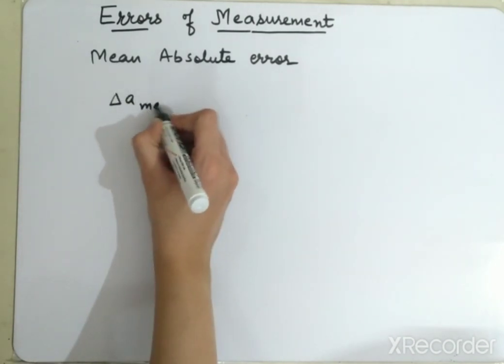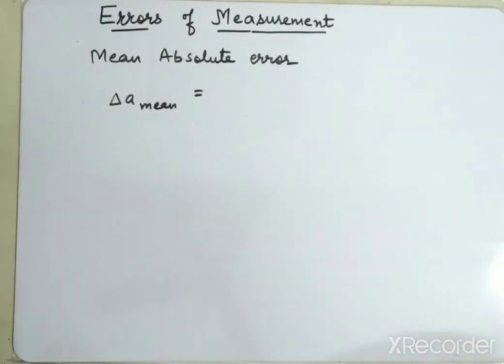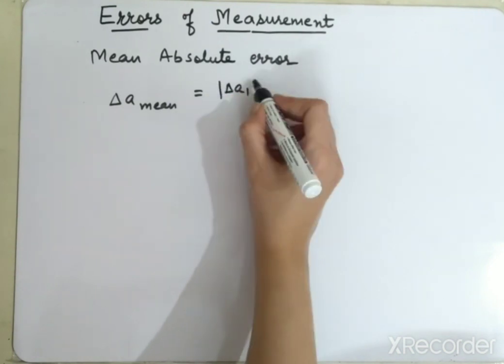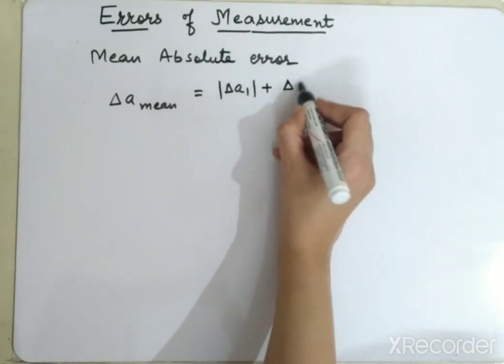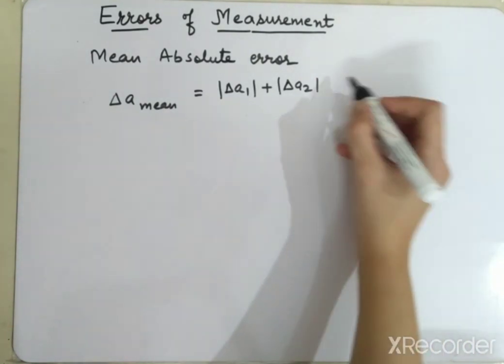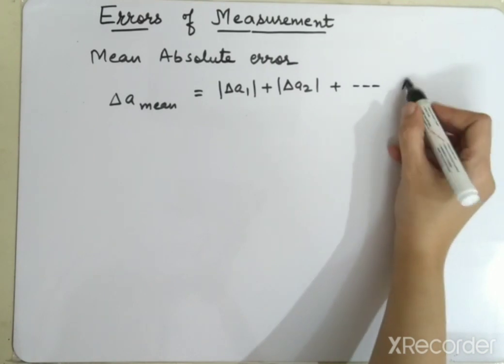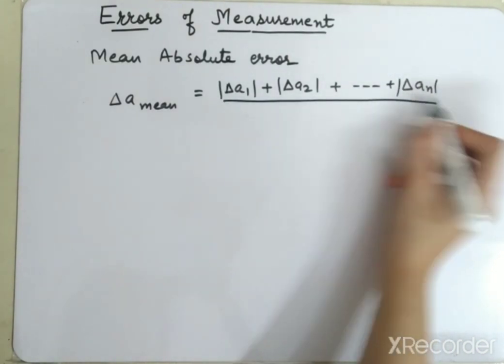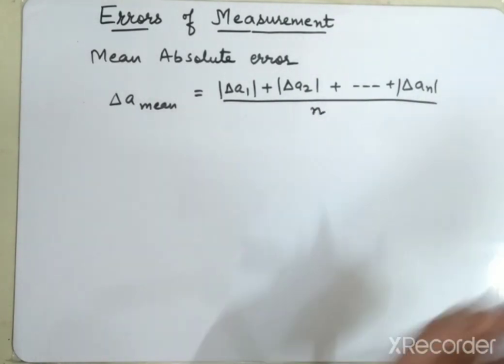Let us see how we calculate mean absolute error. So delta A mean, that is mean of the absolute values that we have calculated, will be delta A1 plus delta A2. Remember, here we are taking the modulus of the values, we are taking all the positive values here, plus up to delta AN divided by the total number of values.